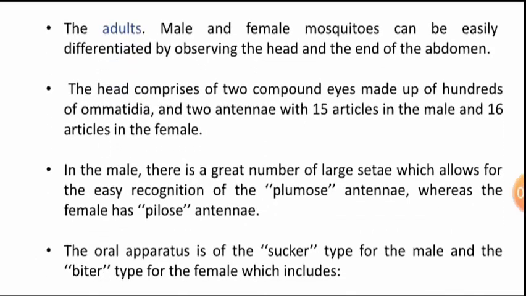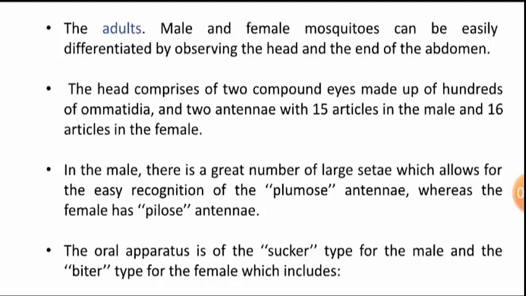The adult male and female mosquito can be easily differentiated by observing the head and the end of the abdomen. The head comprises 2 compound eyes made up of hundreds of ommatidia and 2 antennae with 15 articles in the male and 16 articles in the female.